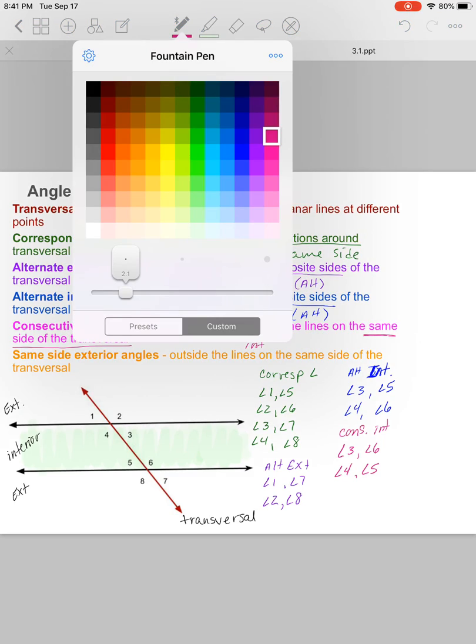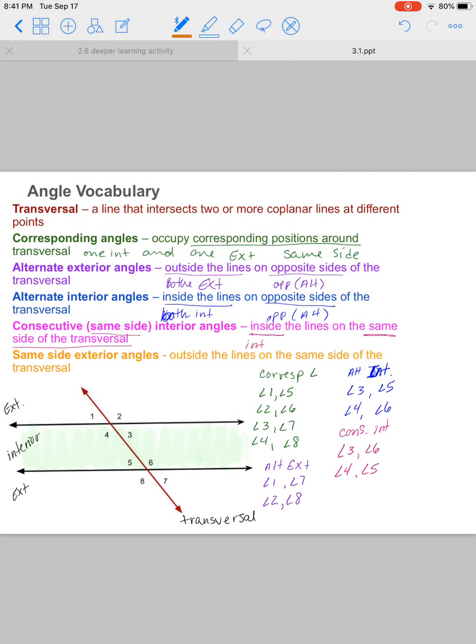And last but not least, we have same side exterior angles, and they are exactly where they sound like they are. Same side exterior, they're on the same side of the transversal and outside. So angle 1 is the same side exterior with angle 8, and angle 2 is the same side exterior with angle 7.